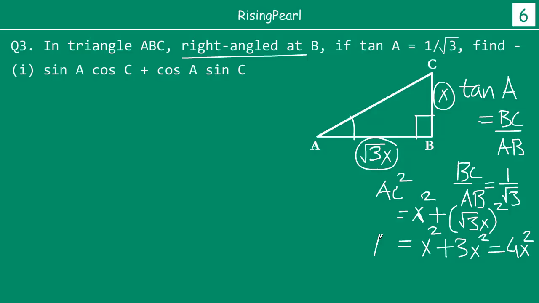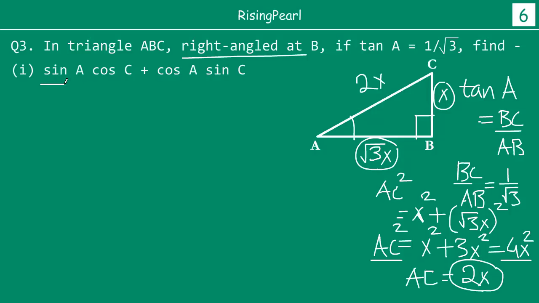So if AC square is equal to this, then AC is equal to 2x. If you take the square root on both sides, you will get AC as 2x.